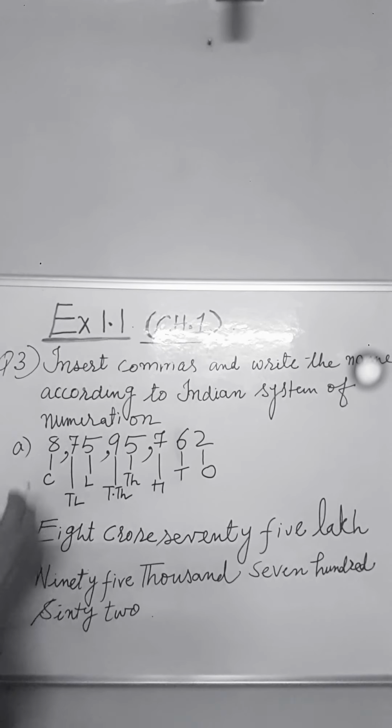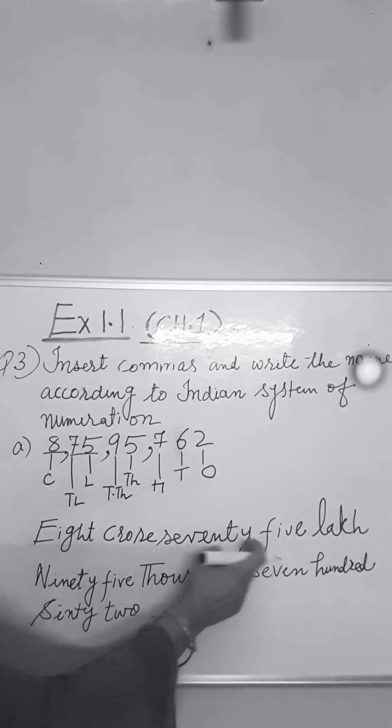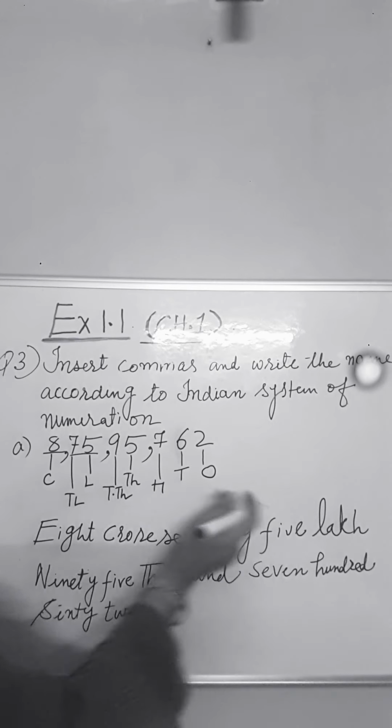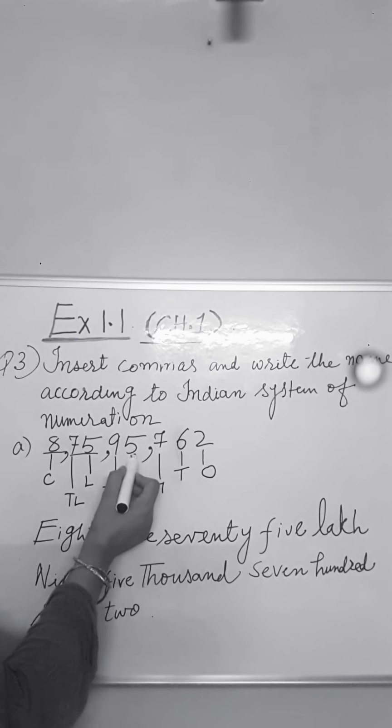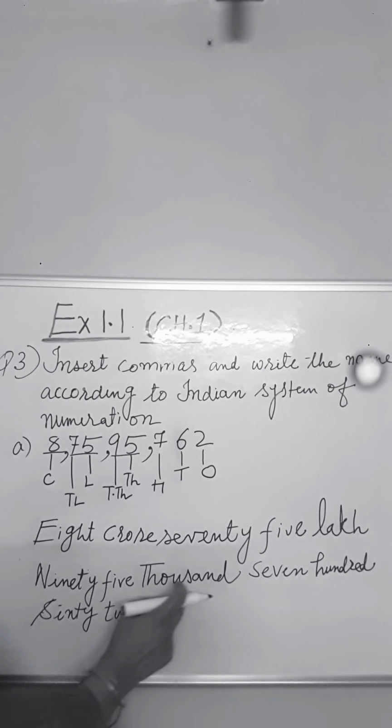Now we will see. At crore place, the digit is 8, so we will write it as 8 crore. Now the number at lakh and 10 lakh place is 75, so we will write 75 lakh. Then the number at 1000 and 10,000 place is 95, so we will write 95,000.